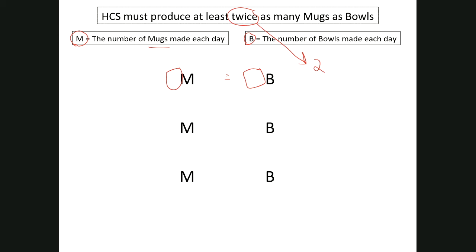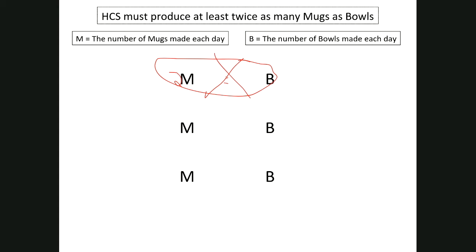The intuition is going to tell you to put the 2 in front of the mugs. And so the relationship then would be 2 times m is greater than or equal to the number of bowls. But if you do that, unfortunately, you're going to be wrong. That's not correct. So the question then becomes, what is correct and why?